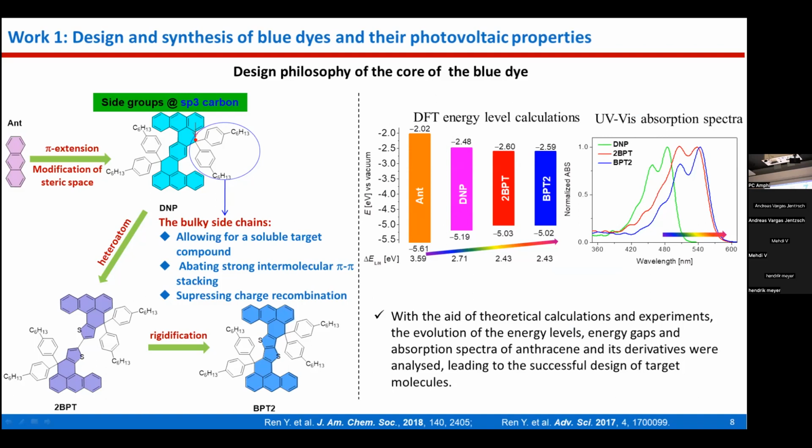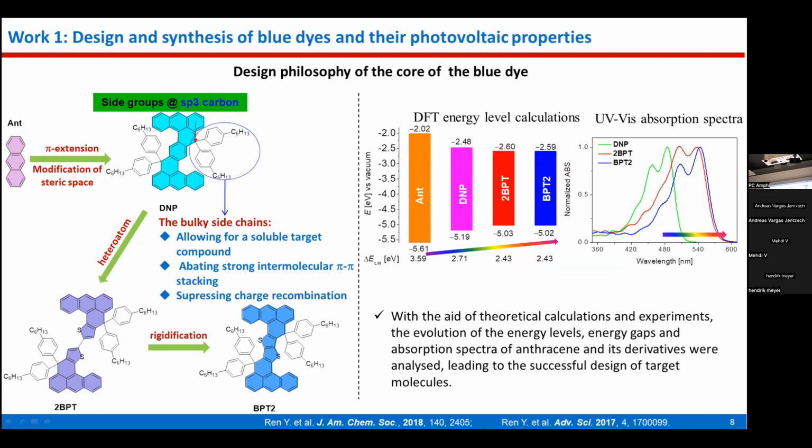First, the electron donor DMP was achieved by the penetration and modification of the steric space. The side chain allows for a soluble target compound, also a bit of strong intermolecular pi-pi stacking, and suppresses the charge recombination. First, I introduced a heteroatom to construct a more electron-donating core. We call it 2BBT.